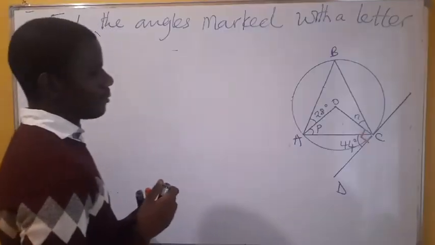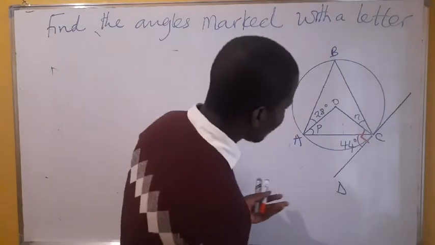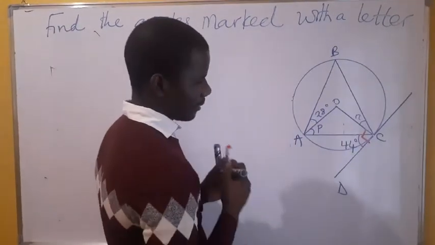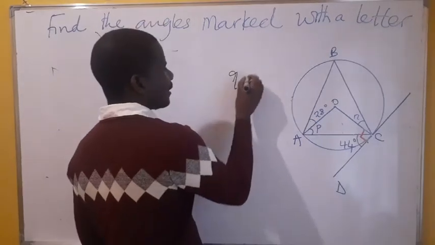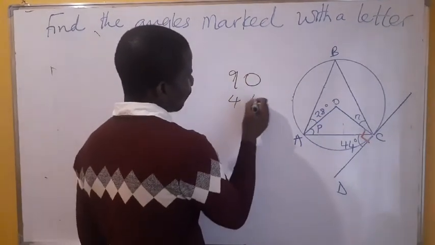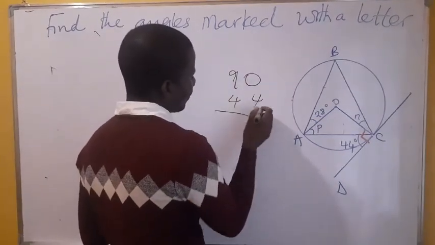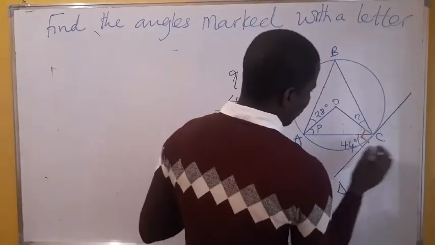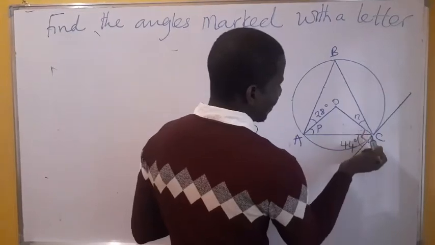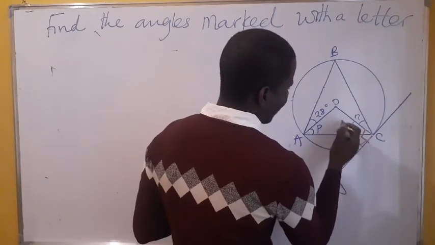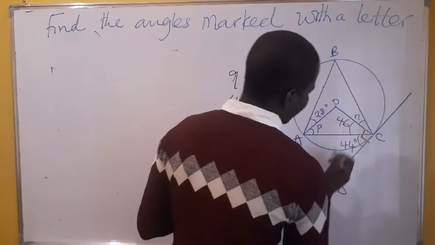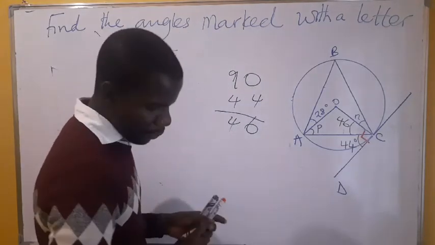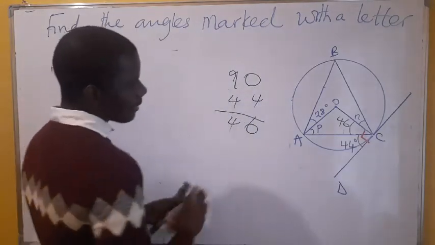What are we going to get? We're going to get 46. 90 minus 44. What do we get? 46. So it will mean that this part here is 46. I hope you are following me.